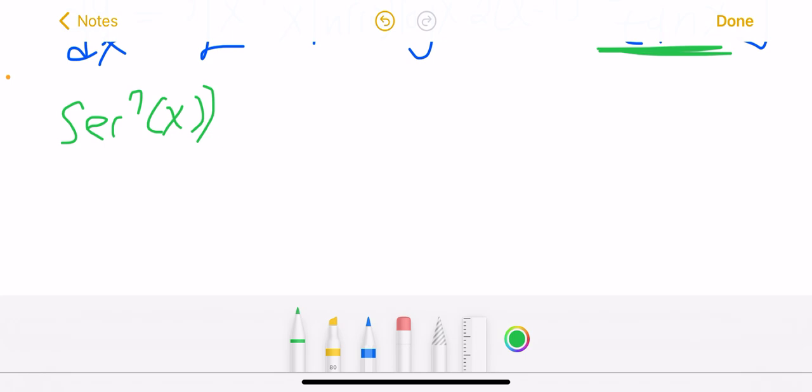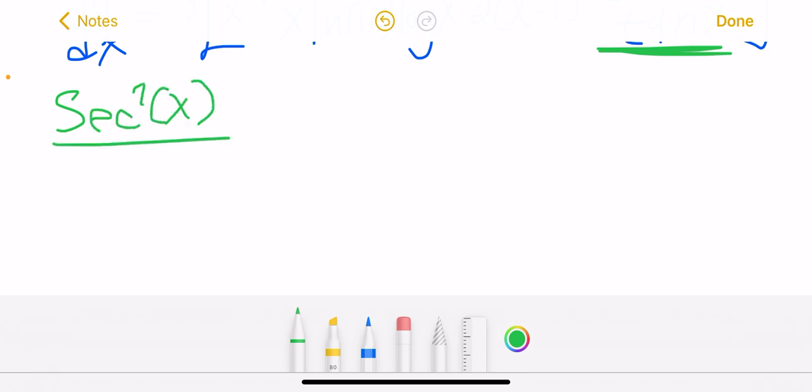From trig identities, we know that secant x is equal to 1 over cos x.